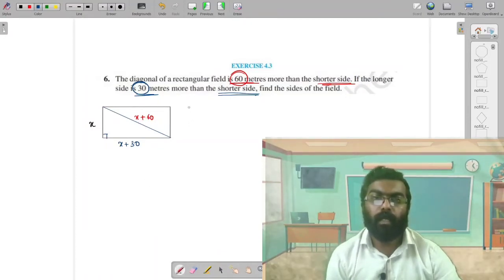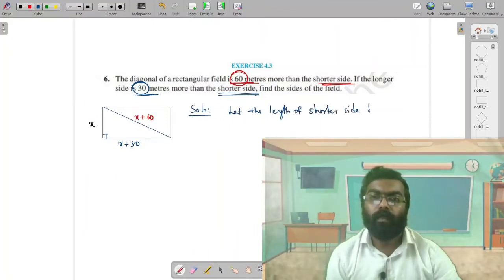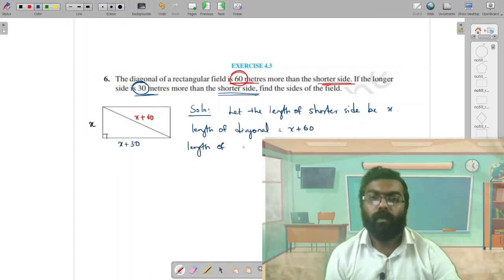Before that, we can write the values we have taken. So let the length of the shorter side be x. So the length of the diagonal will be equal to x plus 60, and the length of the longer side will be equal to x plus 30.